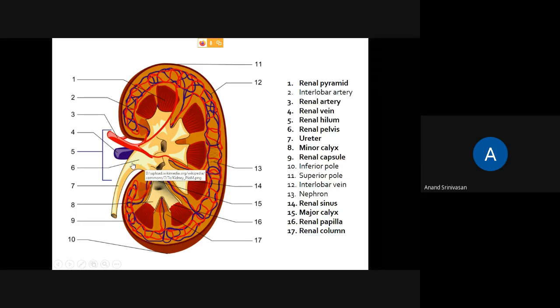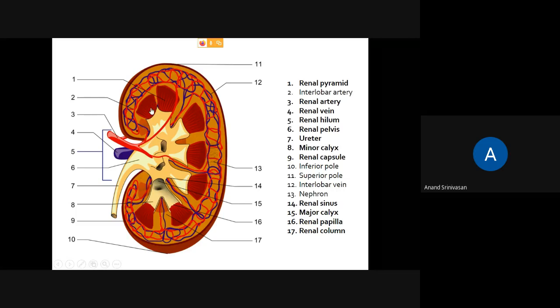And from the renal pelvis, it goes down through a tube, number 7, which is the ureter. So once again, the outermost structure is called the renal cortex. The inner structures are called the medulla.